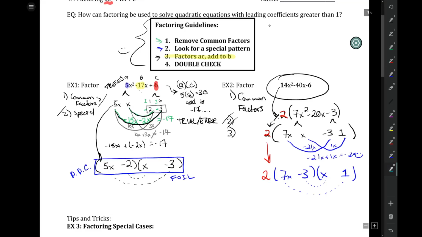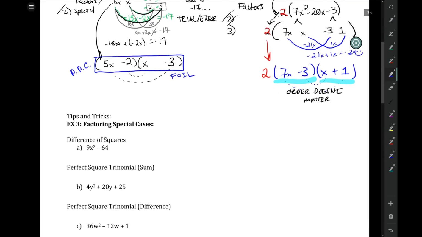The order in which you have these does not matter. But the order in which you have the values inside does matter. So it does need to be 7x minus 3, and it does need to be, whoops, x plus 1. Okay, good stuff. Tips and tricks, we'll actually take care of those later.